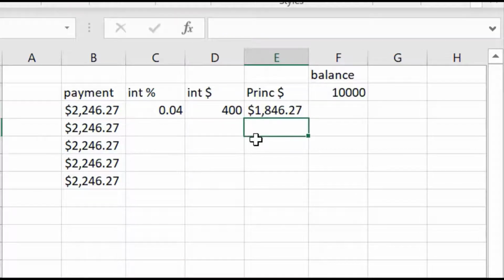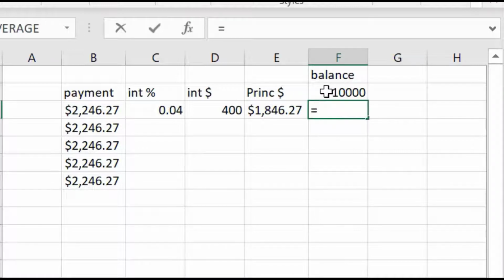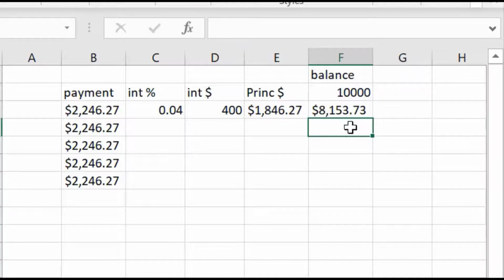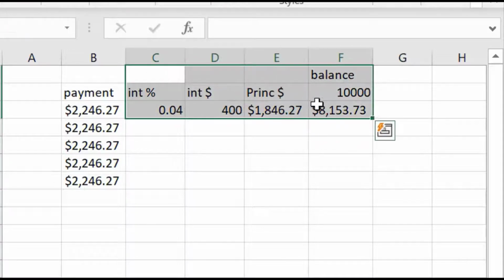This results in a principal reduction of $1,846.27. Our new balance will then equal our prior year's balance minus the portion that went to principal. Now we have a balance of $8,153. I'm going to open up these formulas so you can see how it worked.